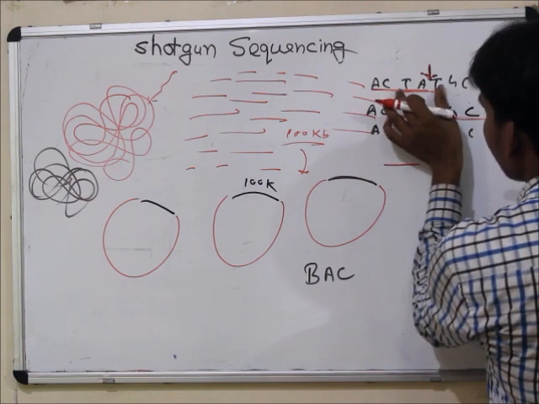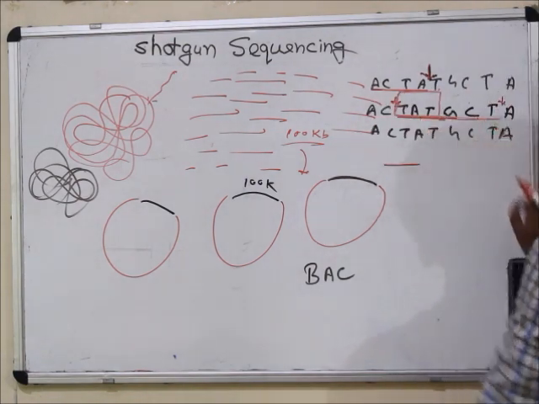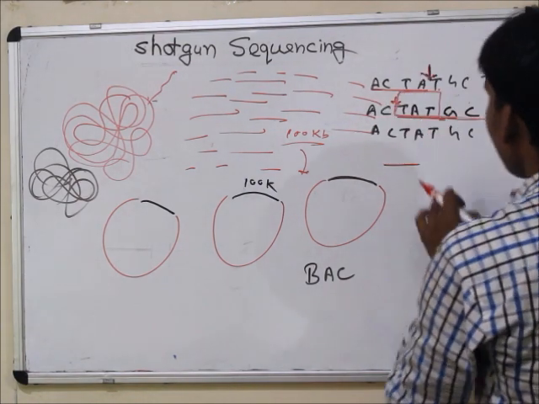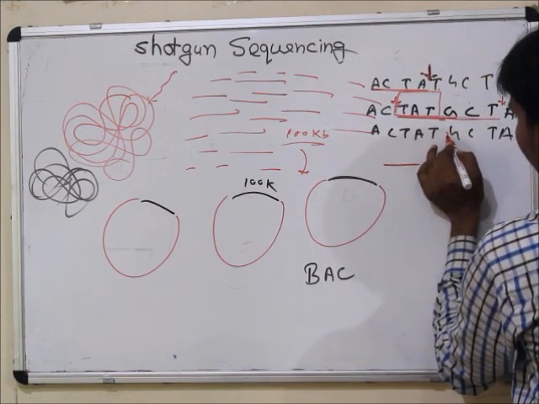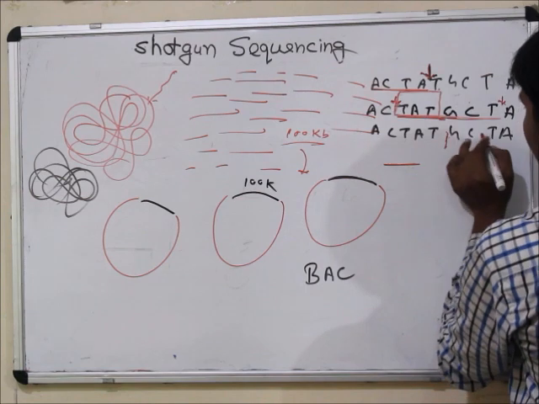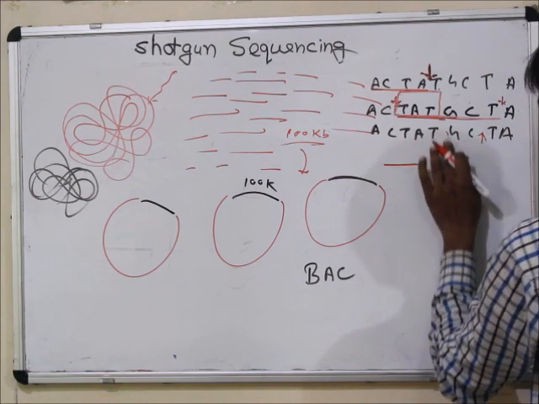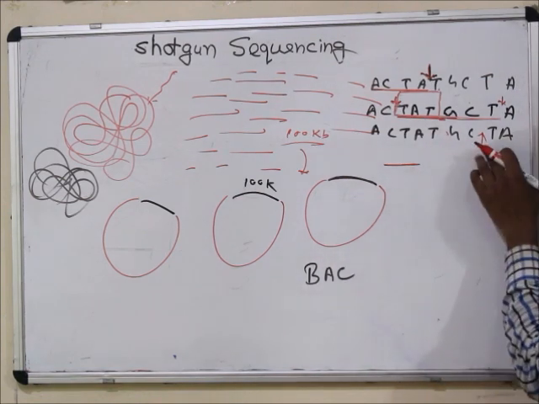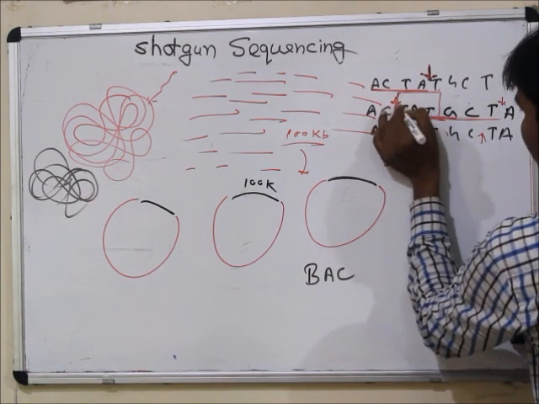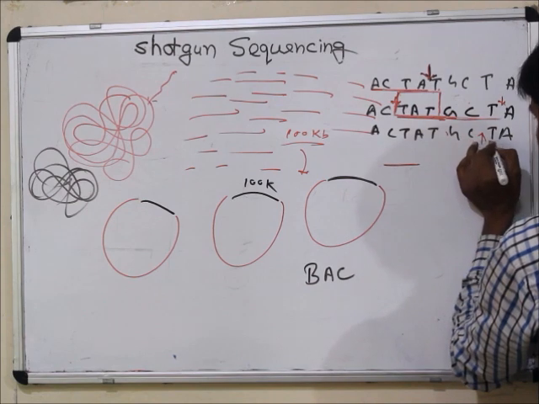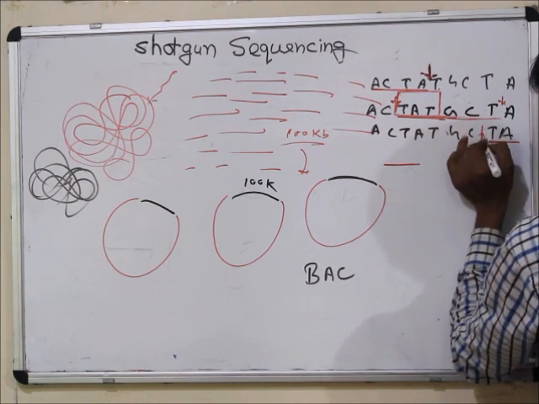So from here there is contig formation, and these sequences will also gain, and another fragment will be obtained here. Suppose that's here. There is another fragment here, pointing out because this will match, and another fragment is obtained.